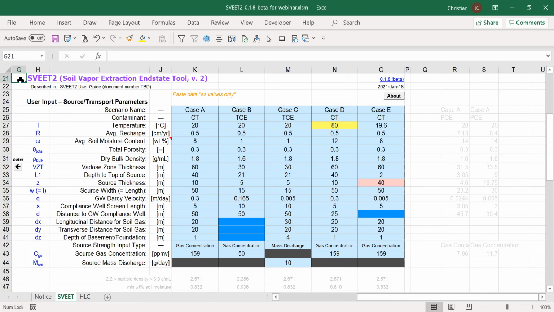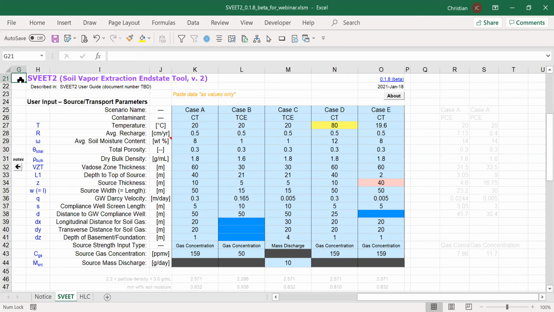Some sites will have soil gas monitoring locations, and you have to be selective. Look at your data as you're describing that source: what is the extent of that source? How thick is it? Where is it located in the vadose zone relative to groundwater and ground surface? And you'd select some soil gas monitoring from that location to represent the strength of the source.